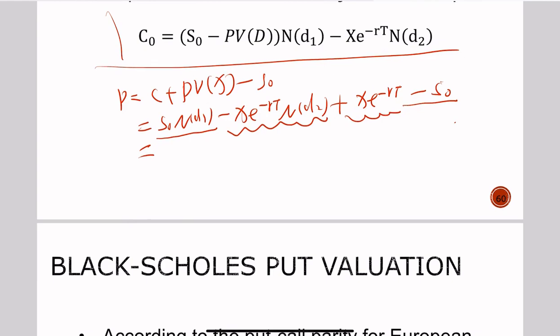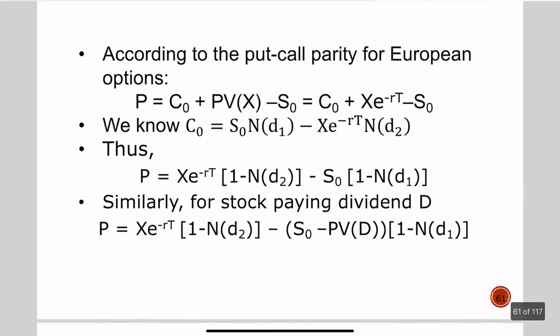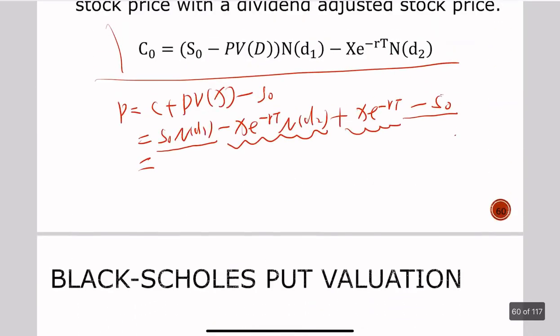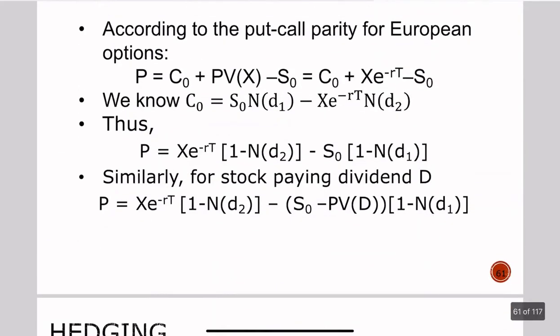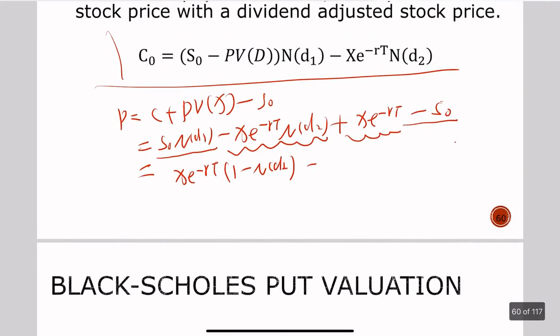So essentially we will get X e^(-rT) times (1 minus N(d2)) minus S0 times (1 minus N(d1)), right?